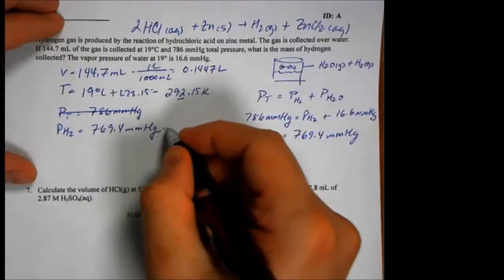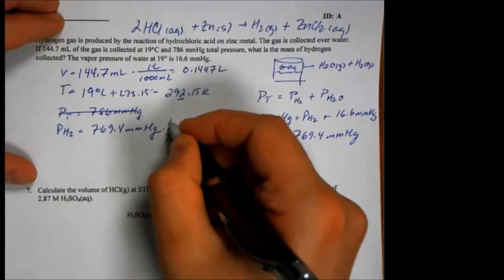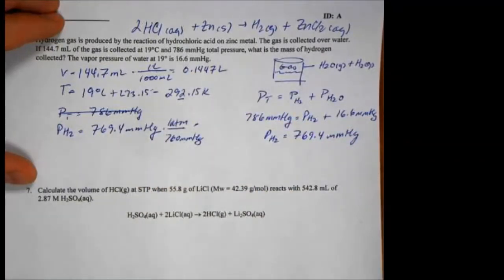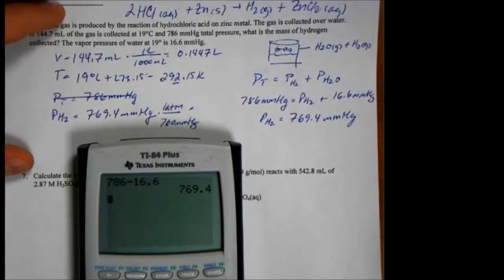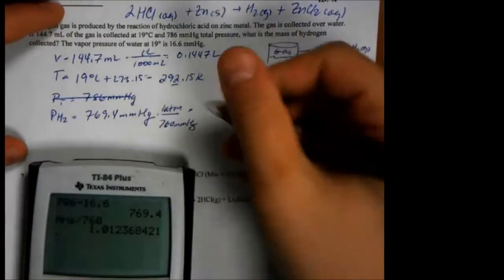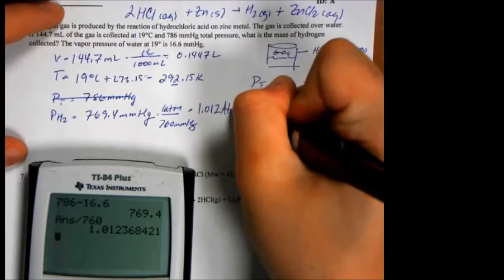And we can convert this to ATM immediately to get the answer. So we divide 769.4 by 760, and we get an atmospheric pressure of 1.012 ATM.